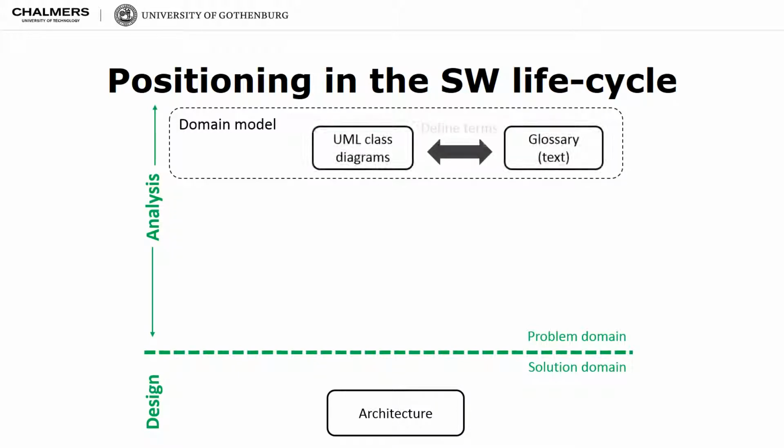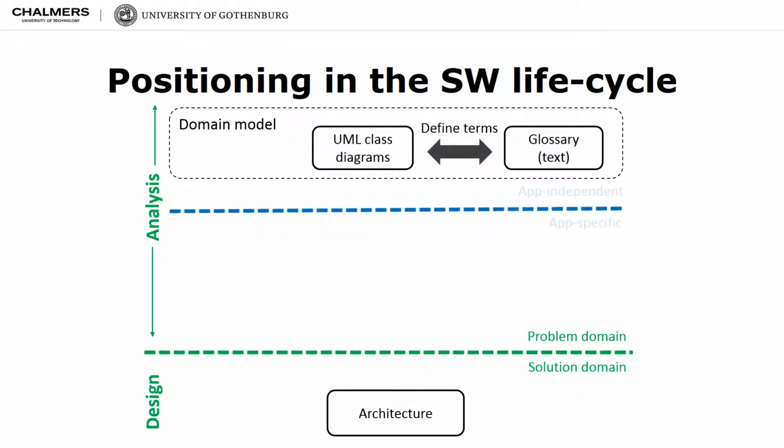In particular, a domain model contains two things, primarily and most importantly, the class diagram, the object model of the concepts in the business environment, which very often is supplemented with a glossary, which is a document, a piece of text, which details and describes some of the most complex concepts that you have in the class diagram. So it has a supporting role with respect to the main artifact, which is the class diagram.